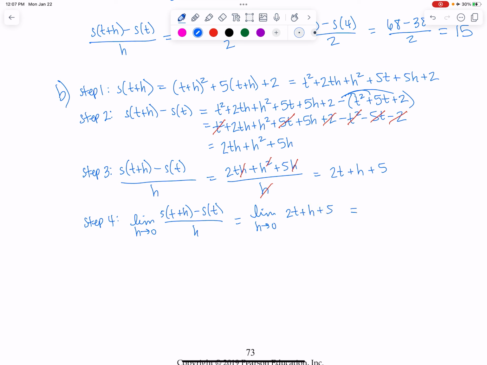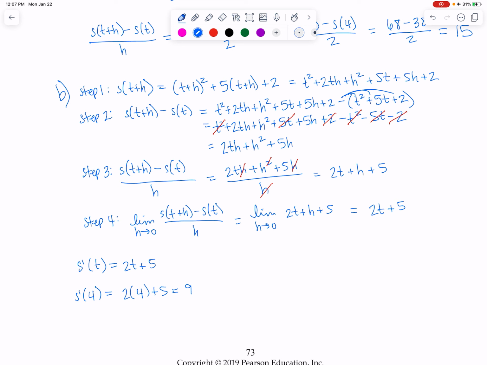So if h is 0, we're left with 2t plus 5. So we'll write it as s prime of t is 2t plus 5. And so we can use that to calculate s prime of 4. 2 times 4 plus 5 equals 9.